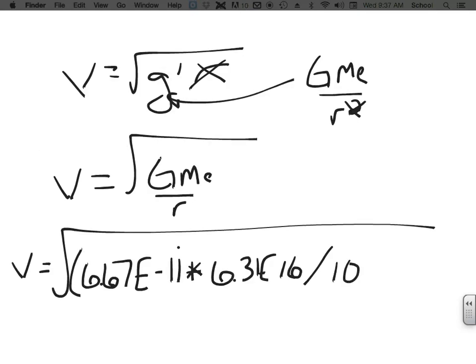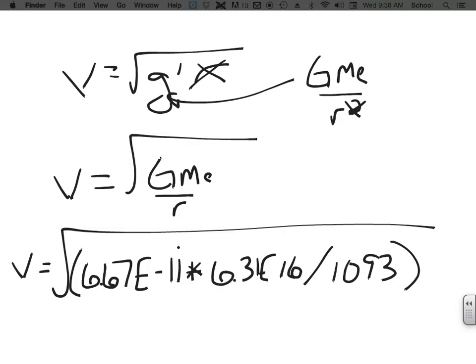So we're going to have 1093, and then we close the parentheses so everything in the parentheses gets done before the radical does. And if we plug this in like that, we can do this in one step. I always prefer to do things in one step if we can get away with it.